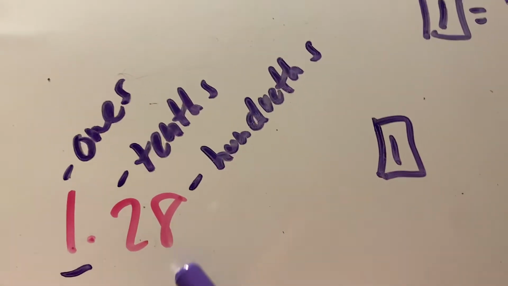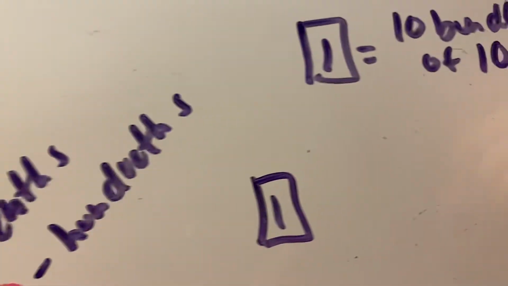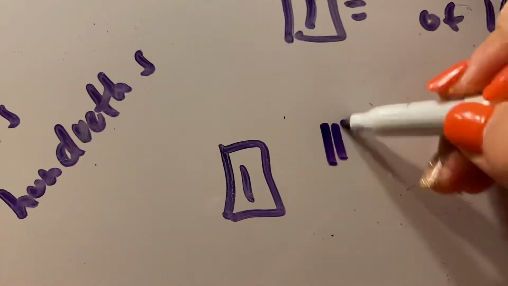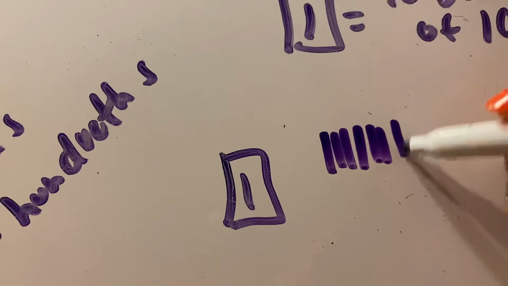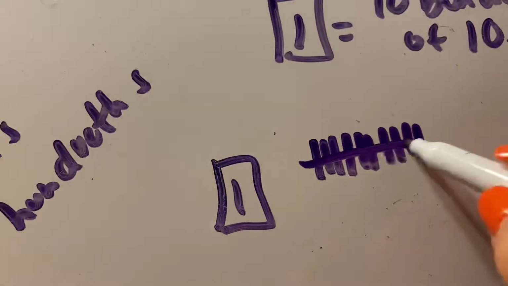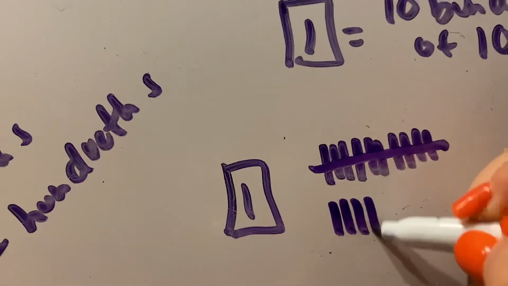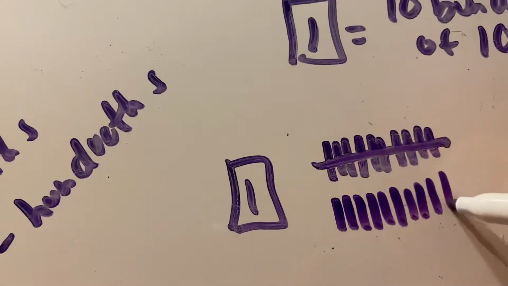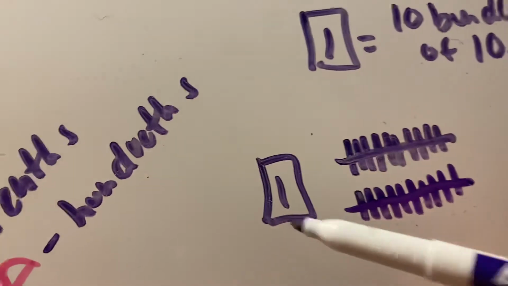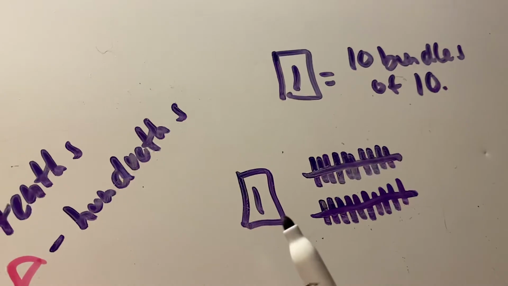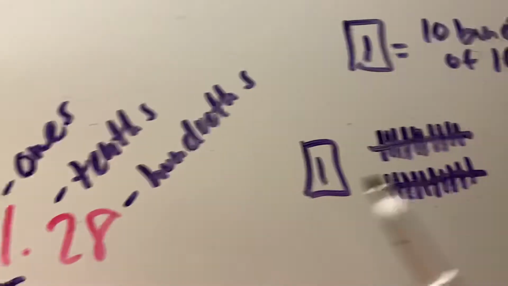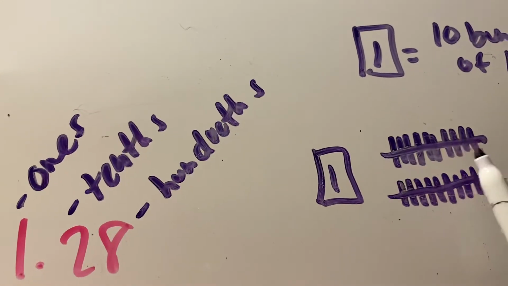And for the tenths place, we write out 1, 2, 3, 4, 5, 6, 7, 8, 9, 10. 1, 2, 3, 4, 5, 6, 7, 8, 9, 10. This is 2 of the tenths bundles.